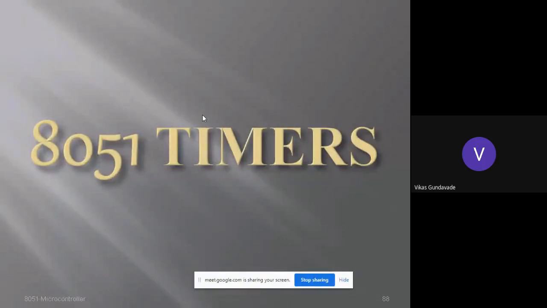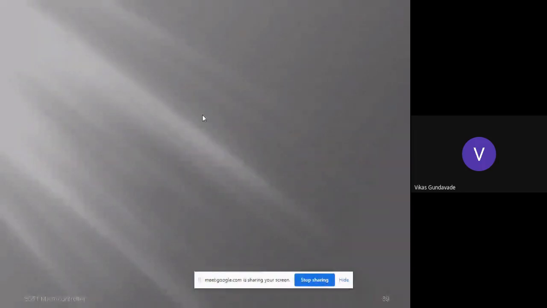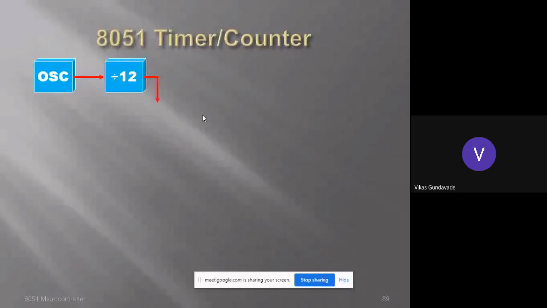Now, if we see the architecture of this timer, when we are using a peripheral as a timer, we need to provide the delay, and to provide the delay we need to use the oscillator frequency. The timer peripheral can be used with the internal oscillator frequency or the external oscillator frequency which is received at a pin.